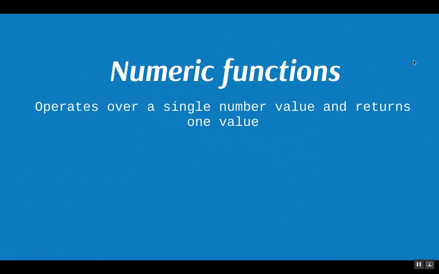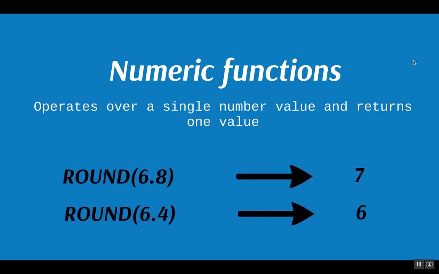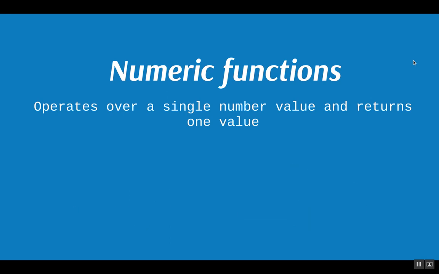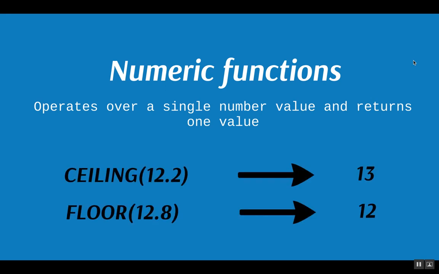Numeric functions operate over a single value and return a single value. Don't confuse these functions with aggregate functions that will take a whole set of values and perform a calculation. These are just taking one single value as the parameter. For example, again, the round function will round a number to the nearest whole number. The ceiling function will round to the next highest whole number regardless of decimal amount.